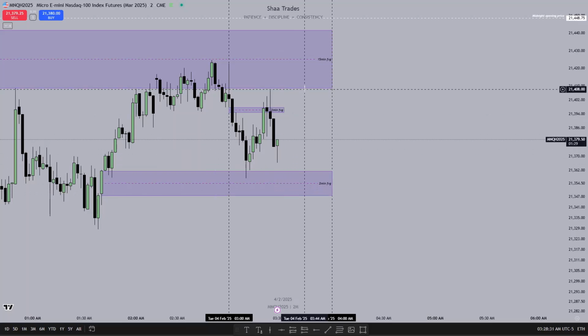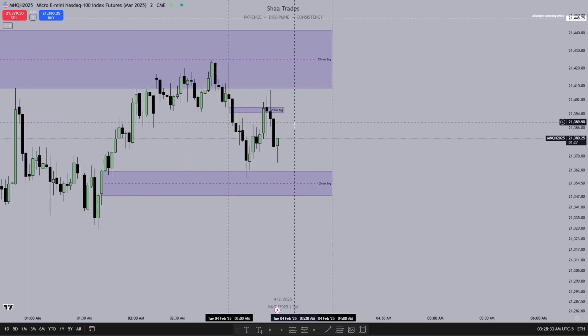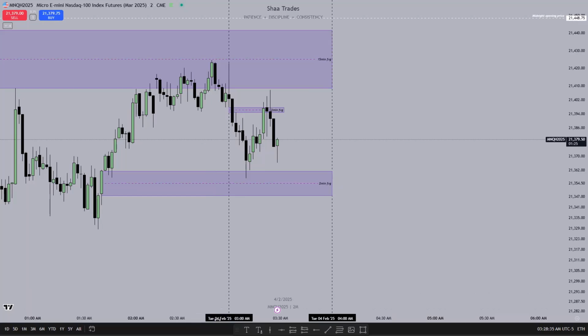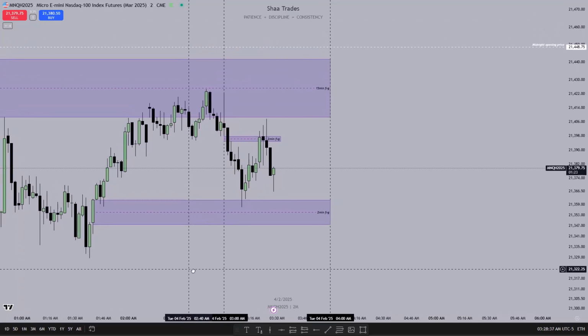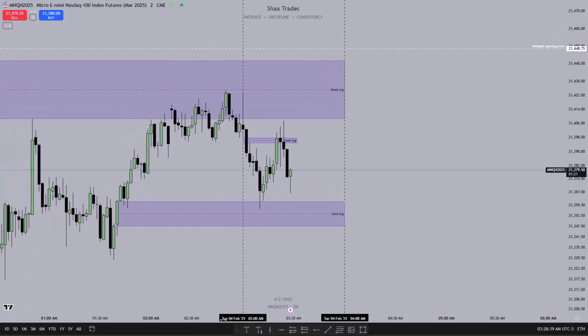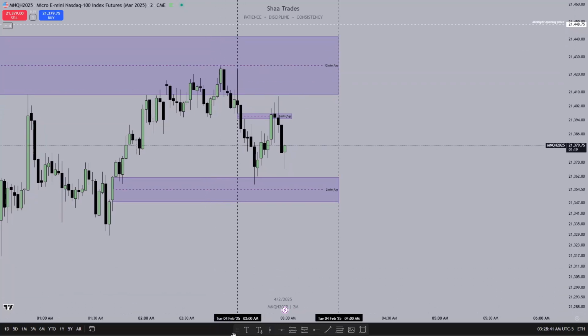If it goes back up and, you know, doing some other stuff up here, yeah, I'm just gonna sit on my hands maybe until the 10 o'clock to 11 o'clock silver bullet. But for right now, there's nothing in the chart that I like.